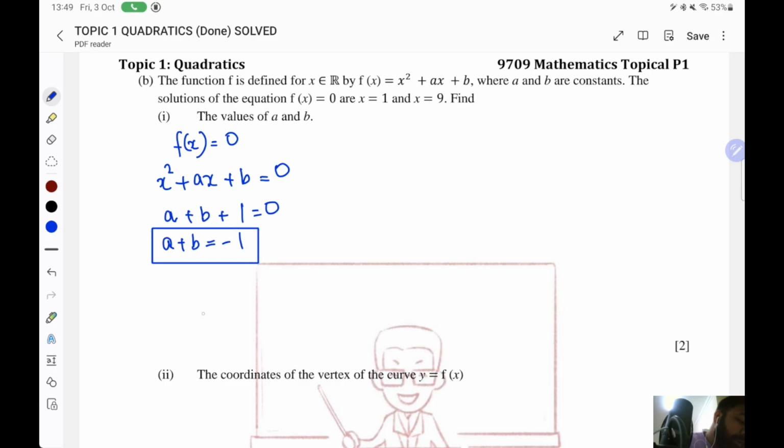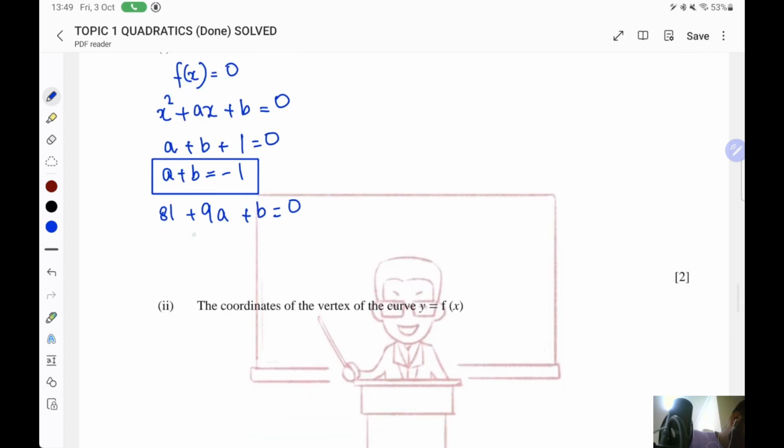The other time it's going to be 9, so it's 81 plus 9a plus b equal to 0, so it will be 9a plus b equals minus 81.